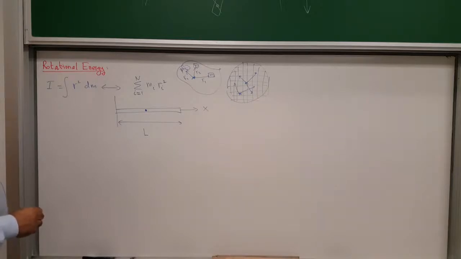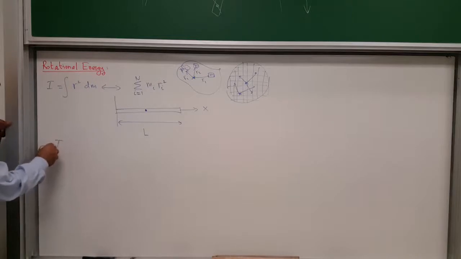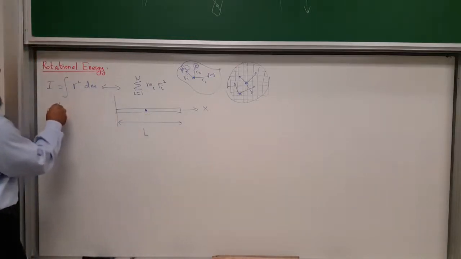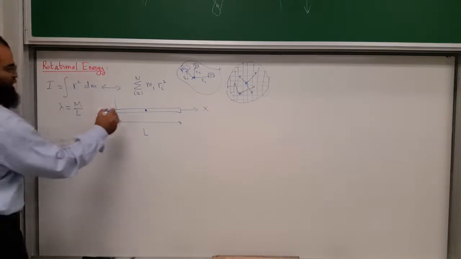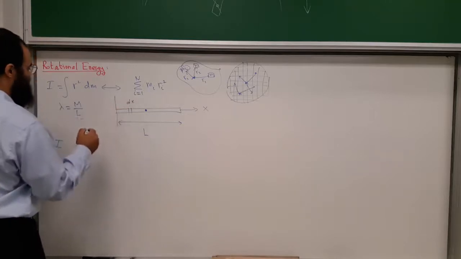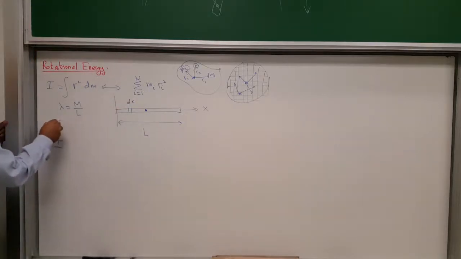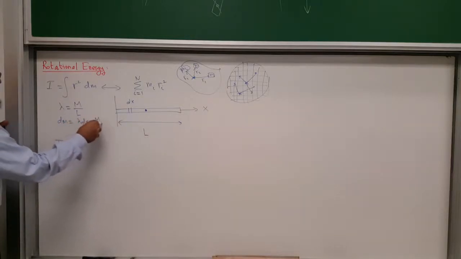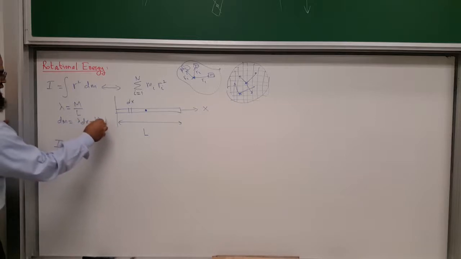Well, we can calculate. First of all, the rod has mass m, so the linear density, the mass per unit of length, is m over L. If you take a length of dx, it will have a mass dm equal to lambda times dx, which is m over L times dx.